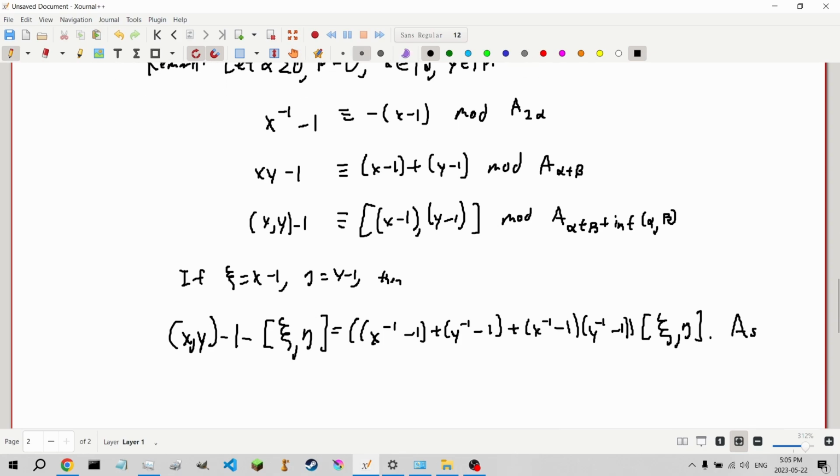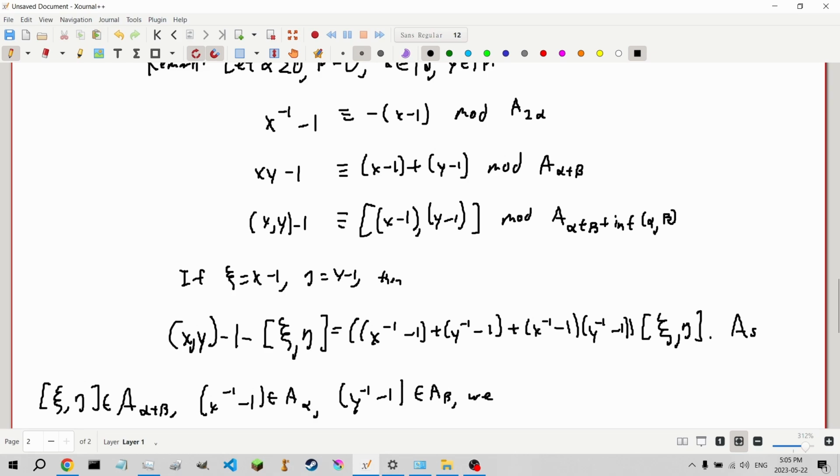As the bracket of c and eta is in A of alpha plus beta, c inverse minus 1 is in A alpha, y inverse minus 1 is in A beta. We are done.